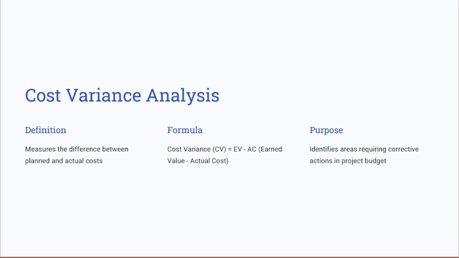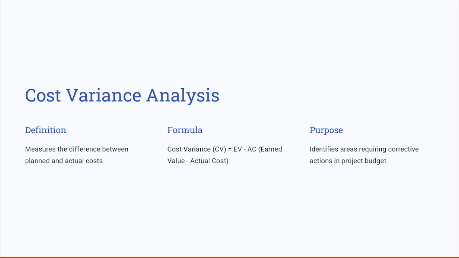Let's take an example here. For instance, in a software development project, let's say the earned value, the EV, is 50,000, and the actual cost, the AC, is 60,000. The cost variance here is minus 10,000, and that indicates that there's a budget overrun.